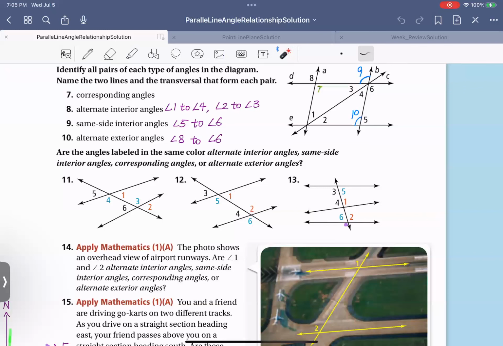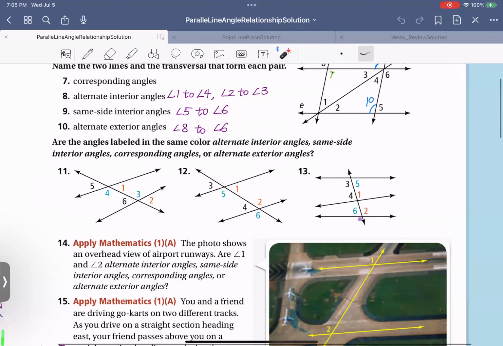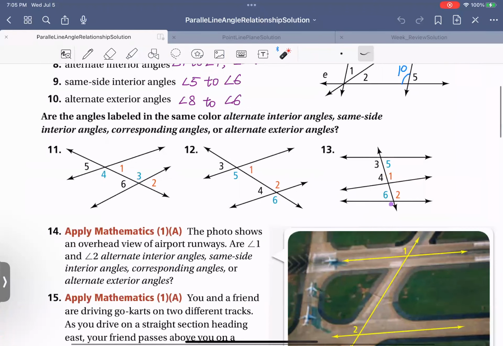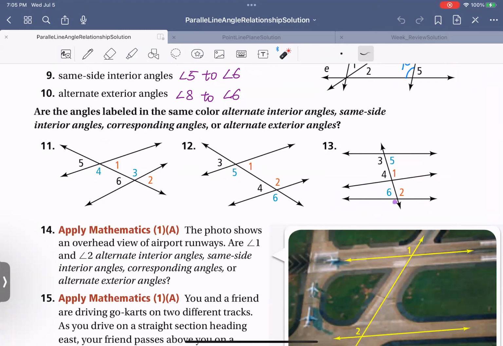Now I'm going to ask students for those angle relationship names. Everybody has to pay attention. So, Stephen, you can unmute yourself, please. Thank you. What do you call these two?